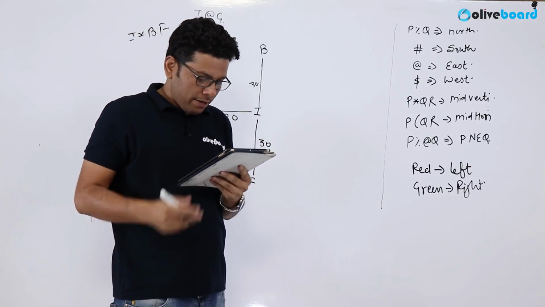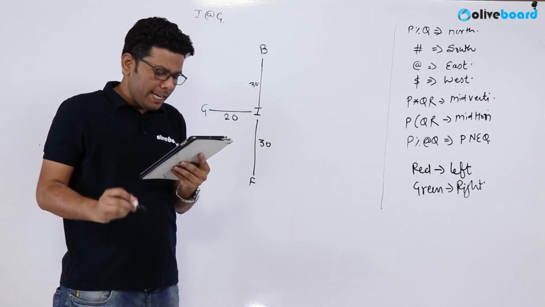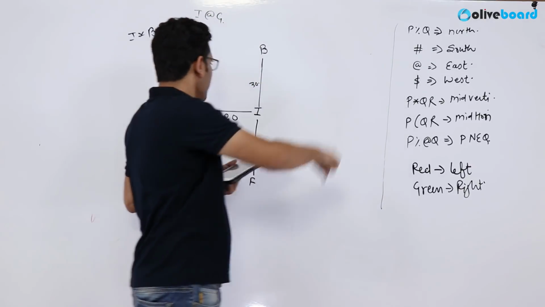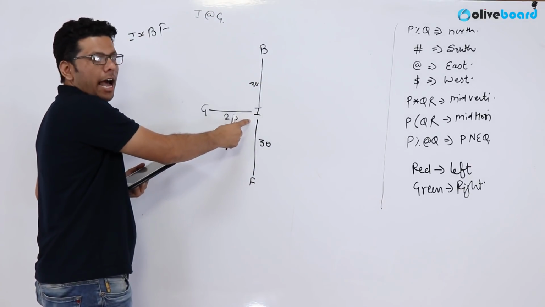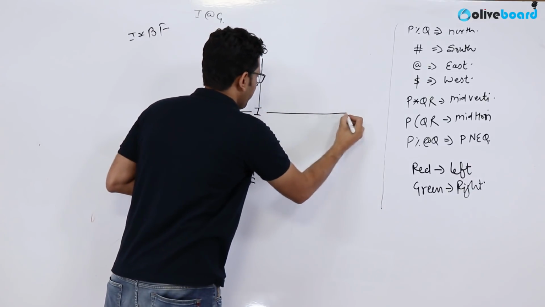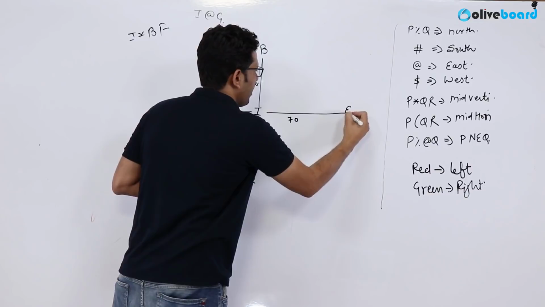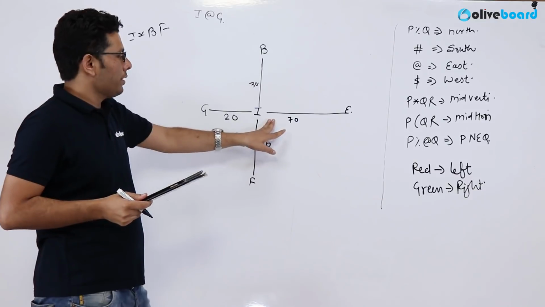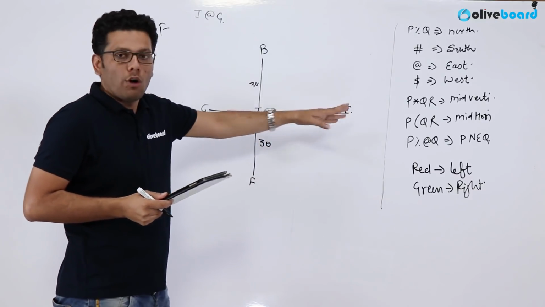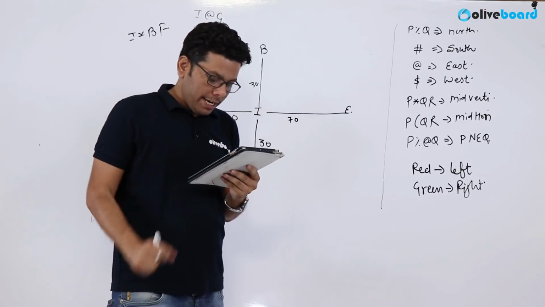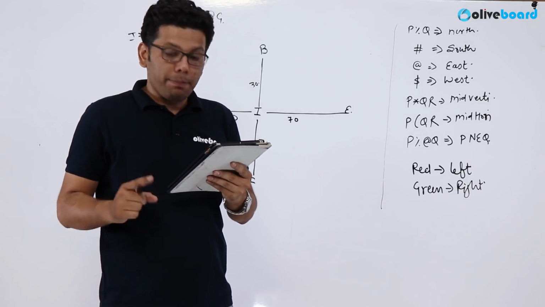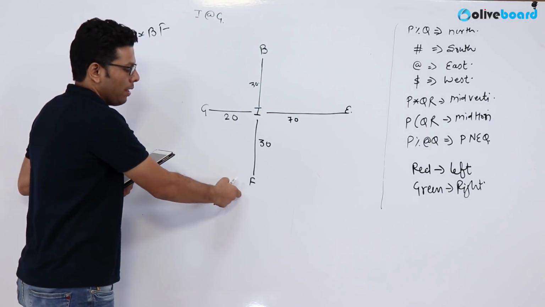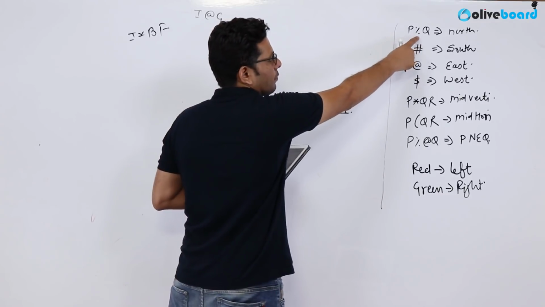Next point they have given is E is 70 meter at the rate I. At the rate means east. E is 70 meter to the east of I. Okay, so next point is F is 35 meter percentage D. Percentage means north.